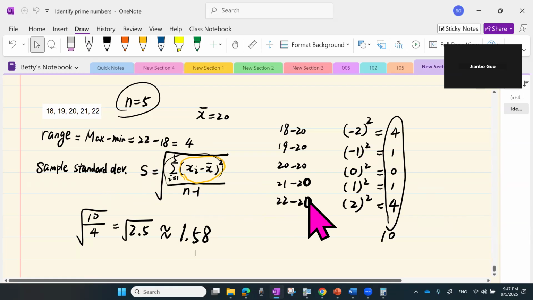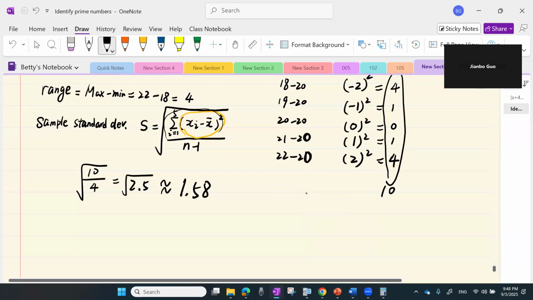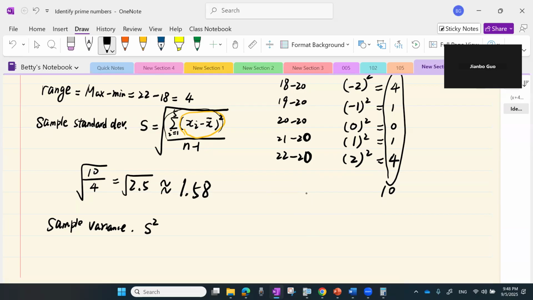And the last measure of dispersion is called the variance, also sample variance. The notation for sample variance is s squared. Remember the little s represents the sample standard deviation. S squared represents the sample variance. From the notation, you can see the relationship between sample standard deviation and sample variance.